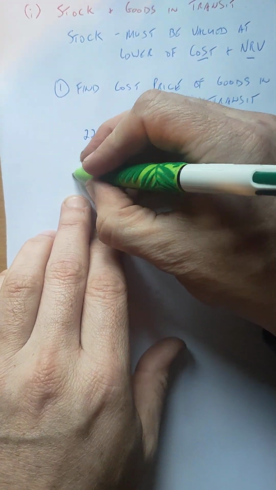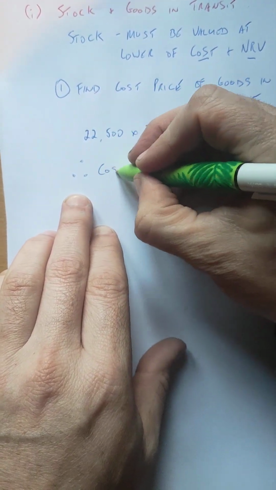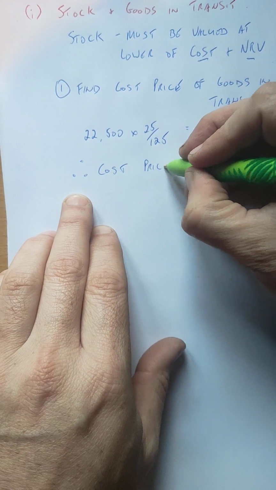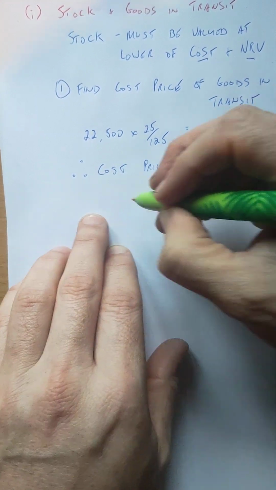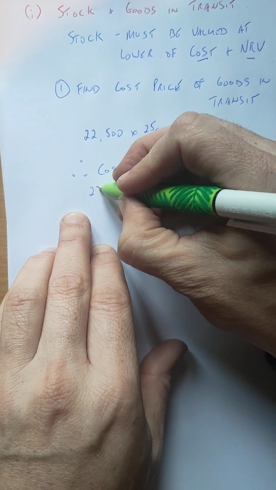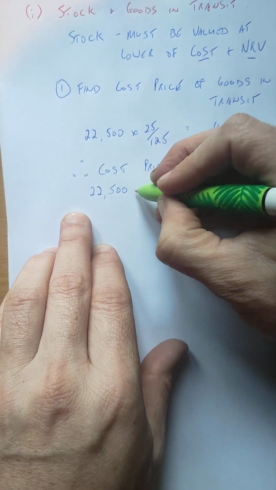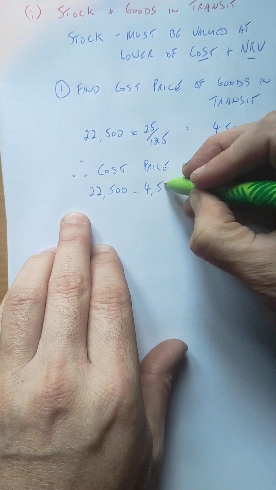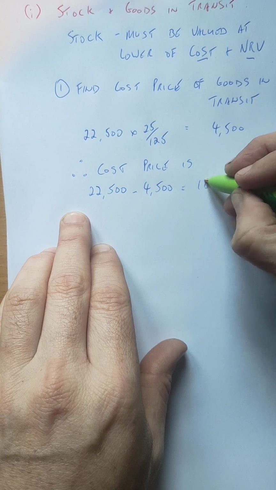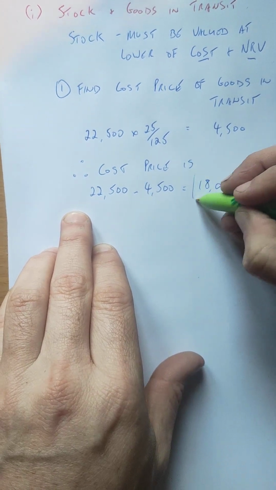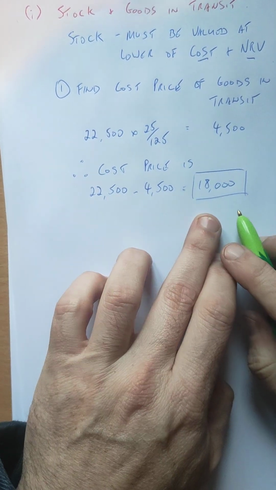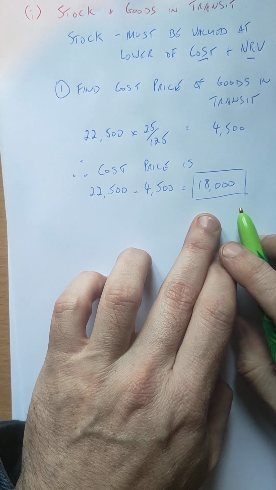So therefore, the cost price is the 22,500 minus 4,500 equals 18,000, and that's your cost price of the stock then.